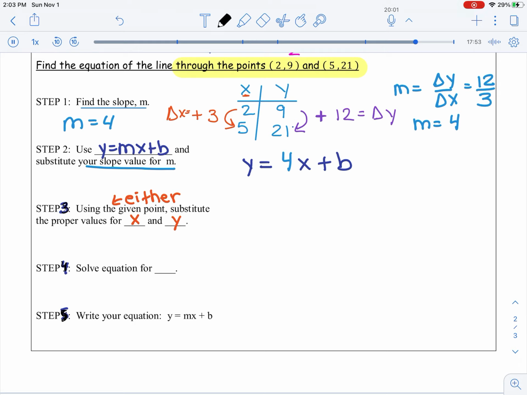For this problem, I'm going to choose the point (2, 9), which is my x and my y. Since we have 2 as the x and 9 as the y, I substitute into my equation to get 9 equals 4 times 2 plus b.